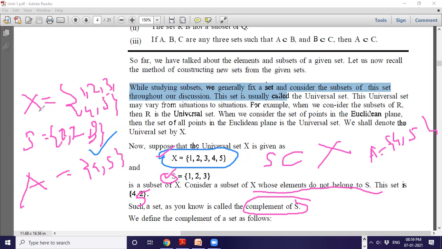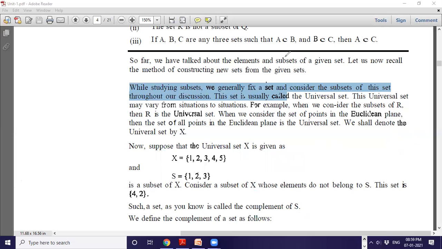Then this A will be known as complement of S. Okay, why? Because this 4 and 5 do not belong to S, but they belong to X. So that set whose elements are not contained in S, but are contained in X, is known as complement of S. Is it clear? I hope this is very much clear to you.